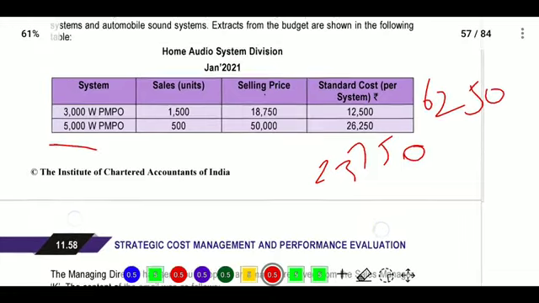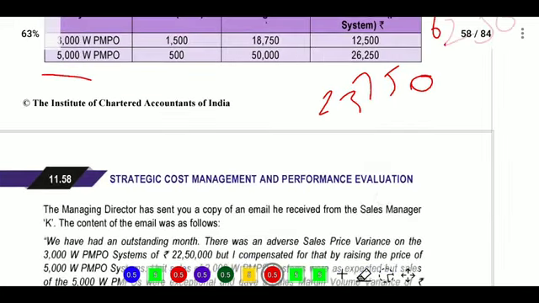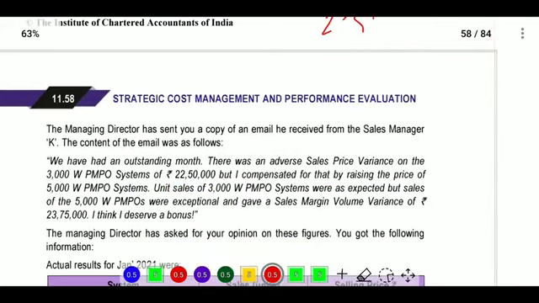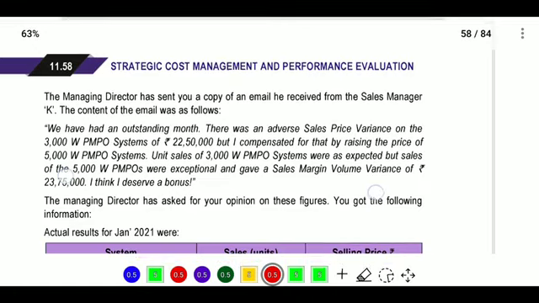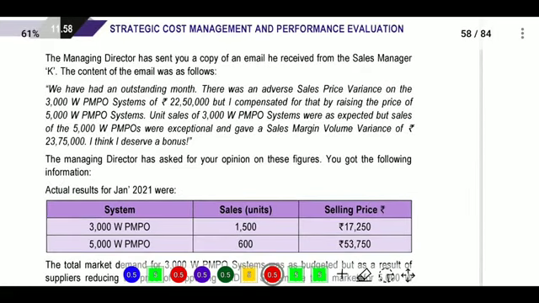Next, it is related to what is budgeted. Here the managing director has sent you a copy of an email he has received from the sales manager. We have had an outstanding month and there was an adverse sales price variance on the 3000 W PMPO system of 22,50,000.